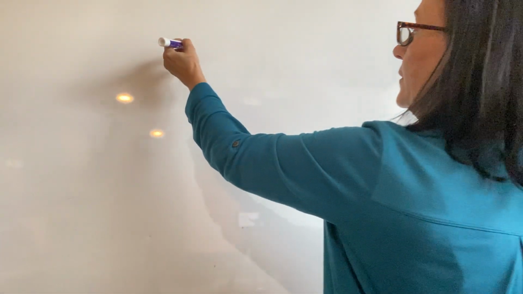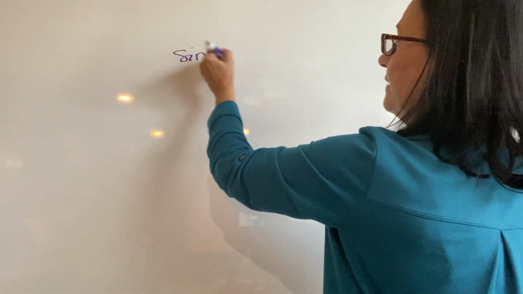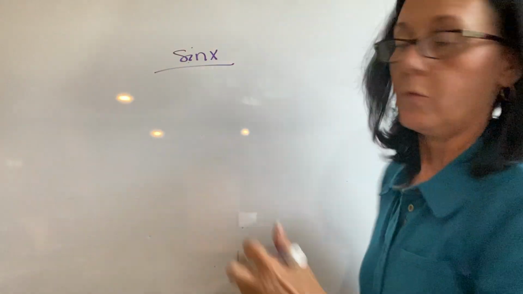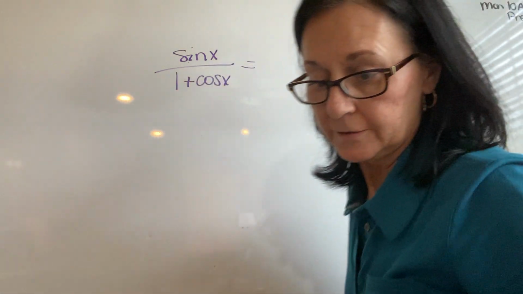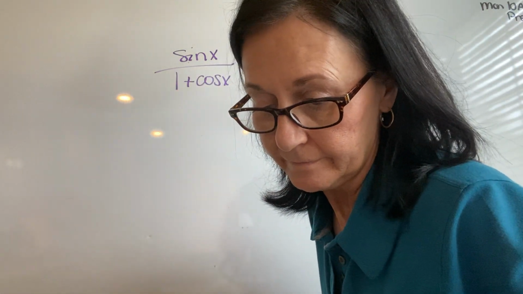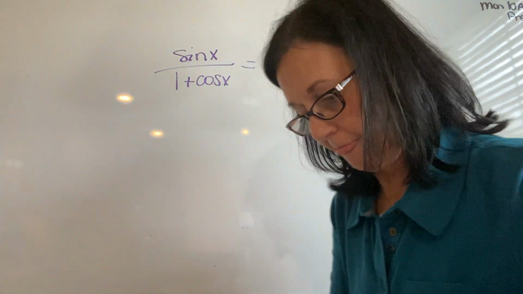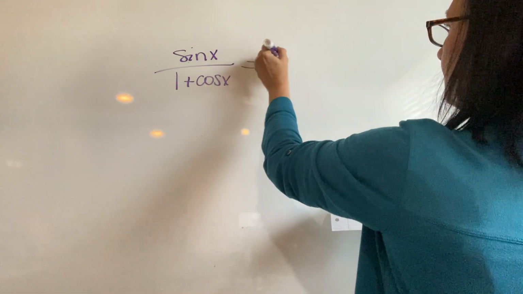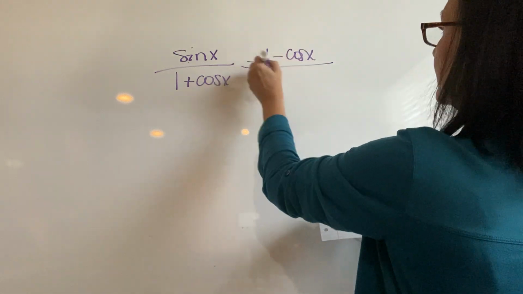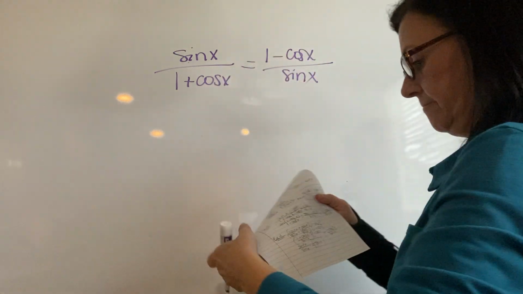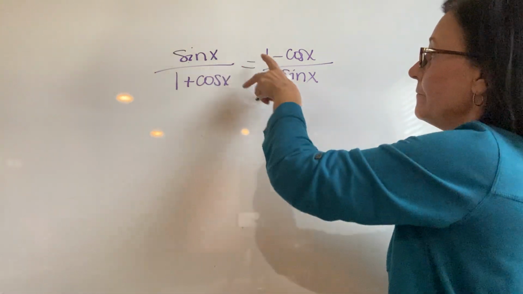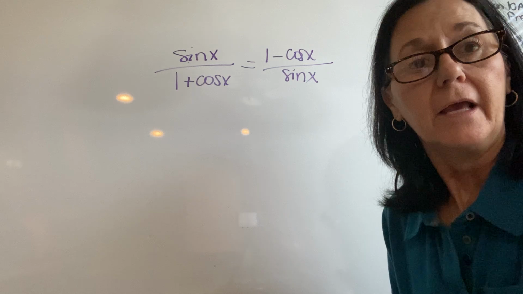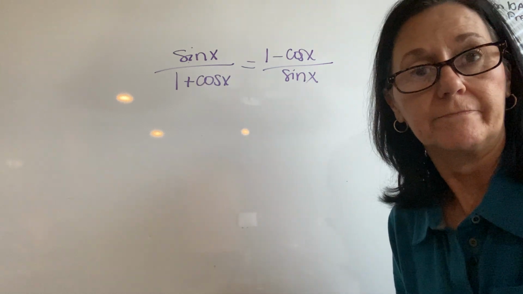So we have the sine of x over 1 plus cosine of x equals 1 minus the cosine of x over the sine of x. See, my extremes are the same. My means are conjugate terms.